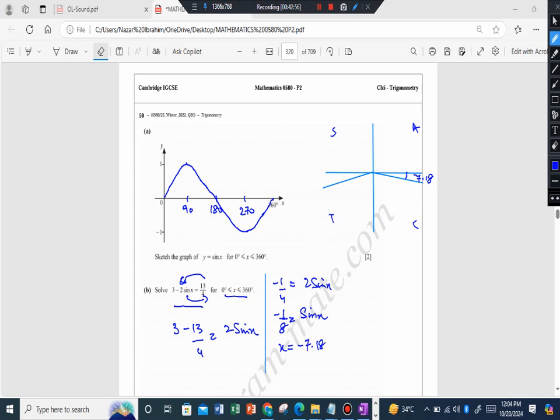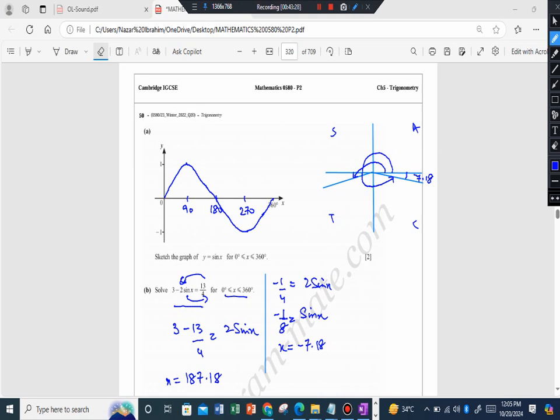So this will be one of the angles, and the second is this. So how to make them? First angle is this: 180 plus 7.18. 180 plus 7.18 is giving me 187.18. So the first angle is 187.18. And the second angle, which will be forming from here to this part, is 360 minus 7.18.